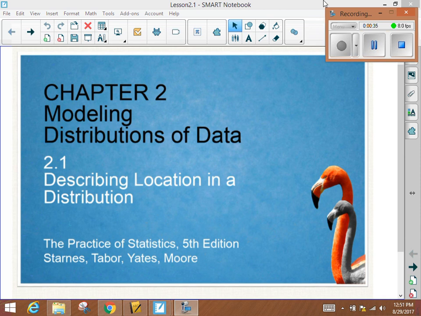The other way is to look at a standardized value of a particular x value, or data point, inside a distribution and talk about how many standard deviations that data point is from the mean.